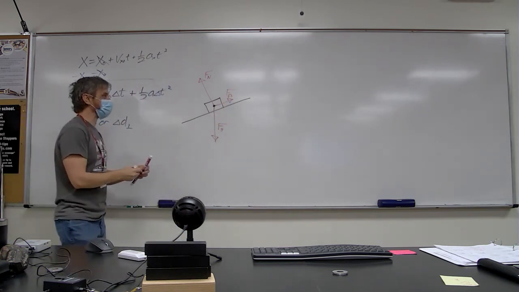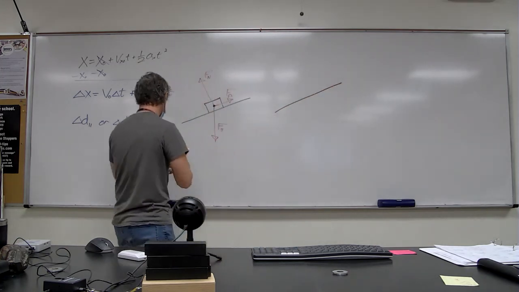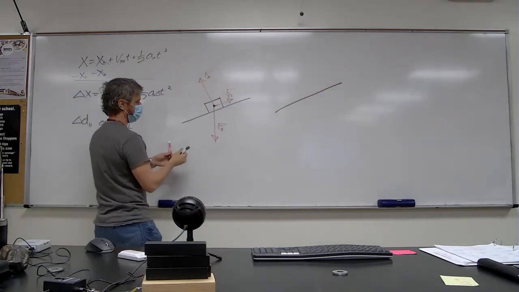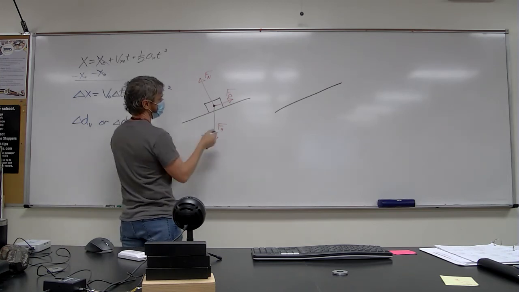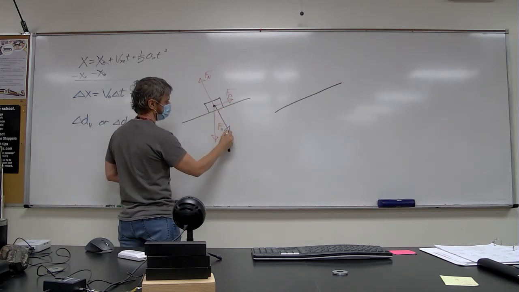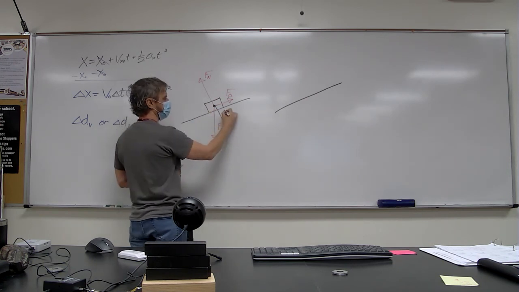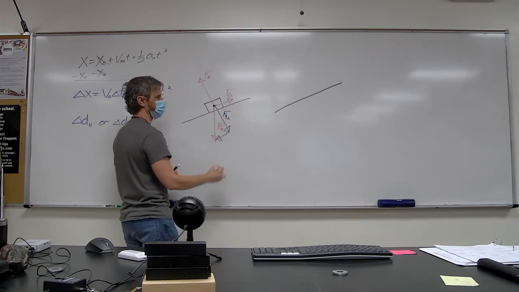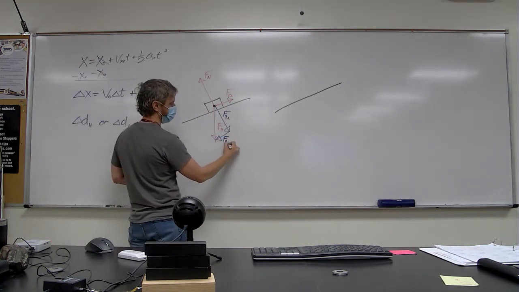Now Mr. P likes doing the vector decomposition and then redrawing the free body diagram like this. So we would decompose Fg, and then because this is the component of Fg that is perpendicular to the ramp, he puts Fg perpendicular, and then Fg parallel.